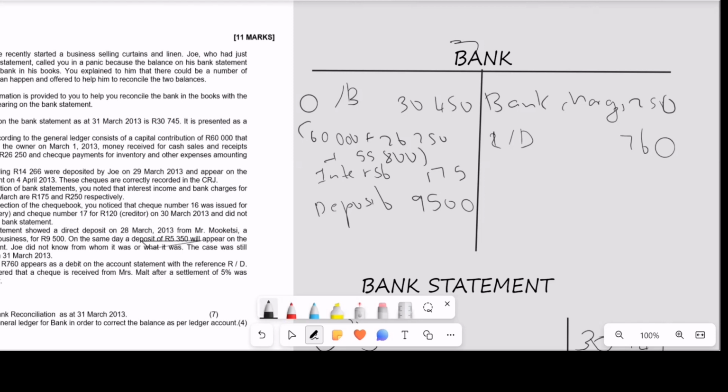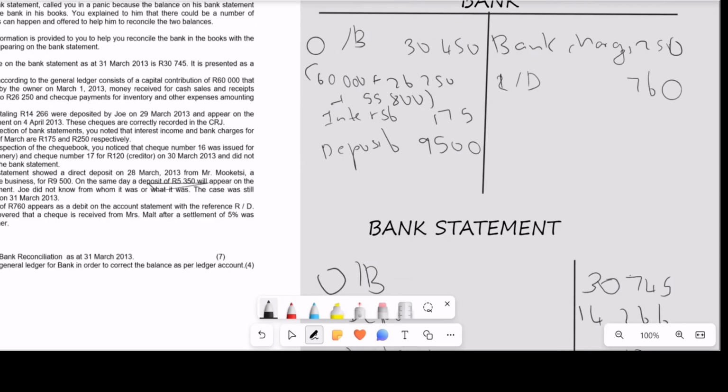Let's say the debtor sent us a check for a payment of this amount and we recorded it here. But when we go to cash in that receipt, we find that the debtor doesn't have any amount in the account, that check will bounce, and therefore we'll have to reverse it here. So this is what we did here. I hope you all understand why the amount was reversed. Okay, let's move on.